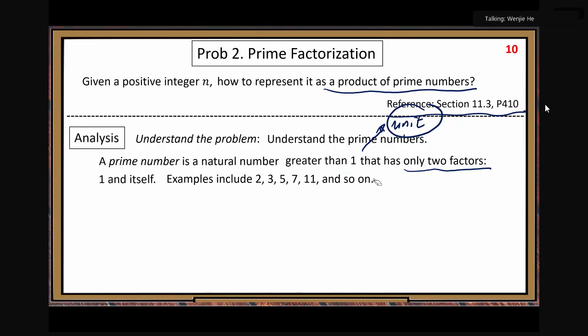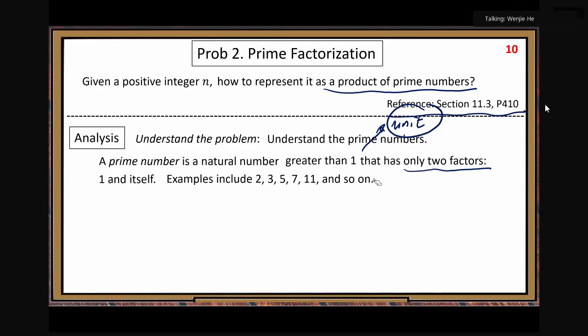The prime numbers are very important in number theory. In your discrete math, you have one chapter about the basic knowledge of number theory. These prime numbers are the building blocks in number theory, so a lot of things, a lot of important theorems, rely on the prime numbers.